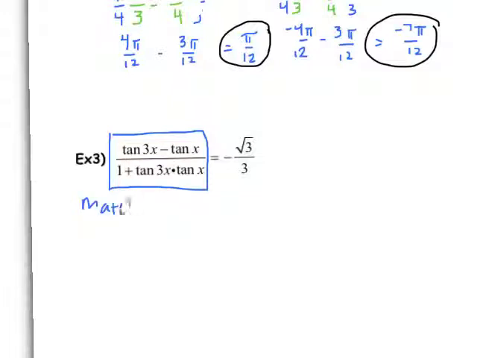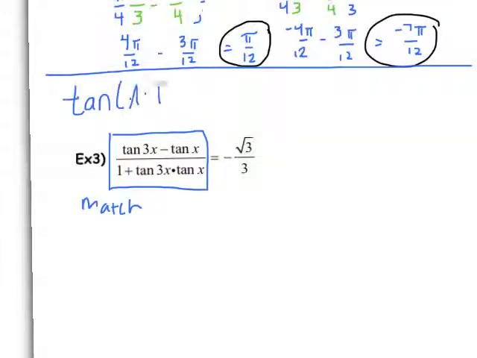So I'll do the same thing. I'll just write the simplified version so that you can see what I've matched it up to. All right, so it matches to tangent of A minus B. So A is the first thing, so that's 3x. And B is the second, which is x. So this matches up to tangent of 3x minus x.